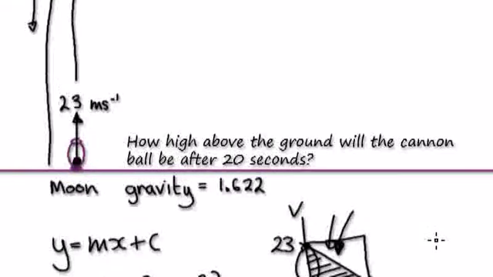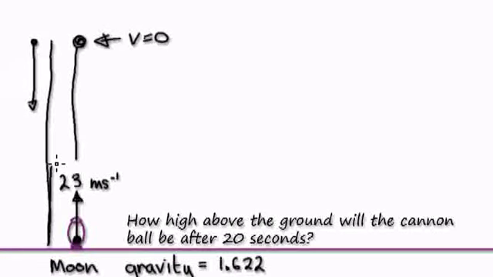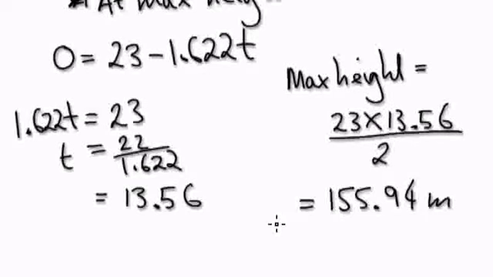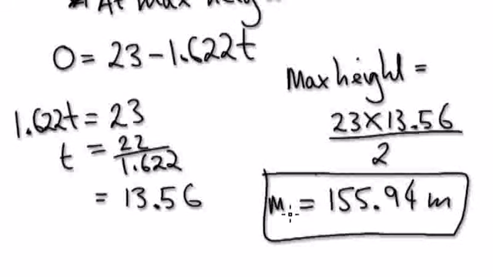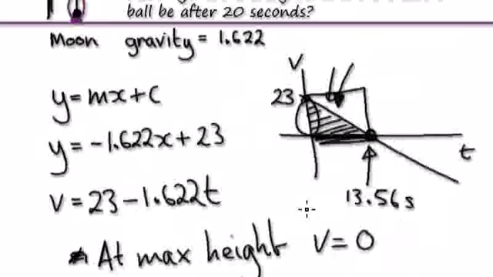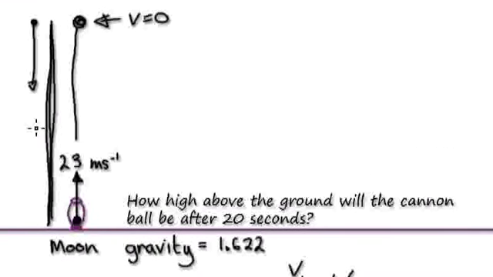So the maximum height is this length here. We're going to need this later, so let me quickly put max in there, otherwise I will forget. So now we know the maximum height.